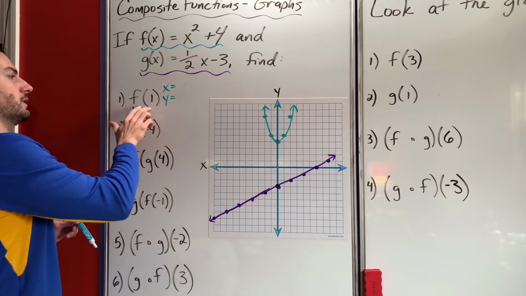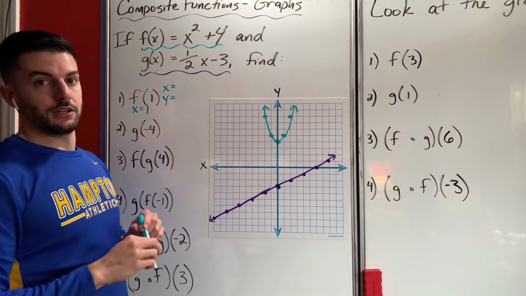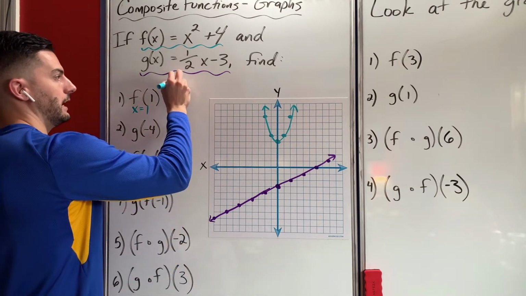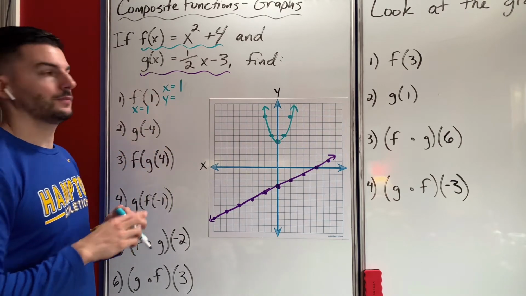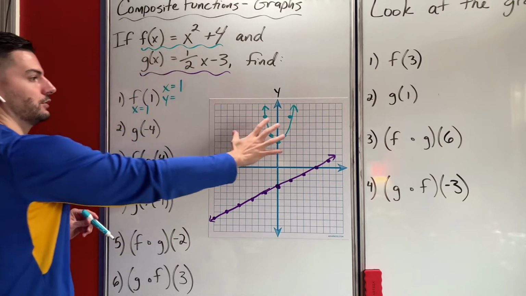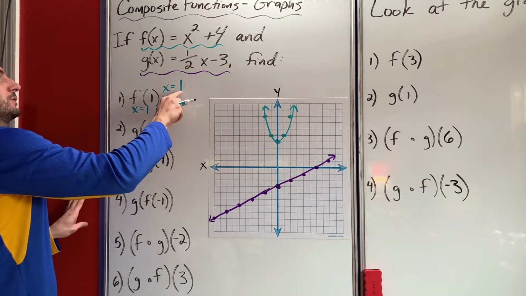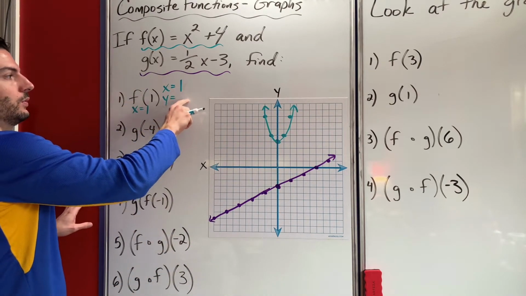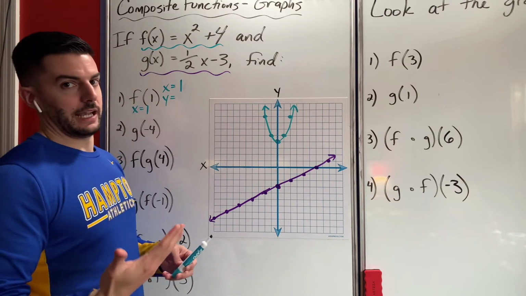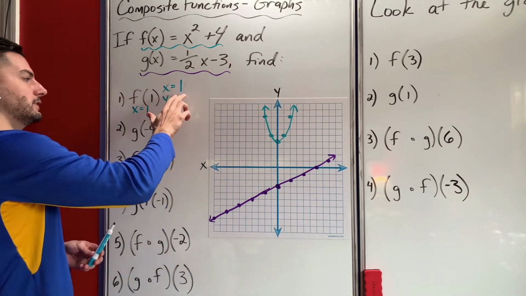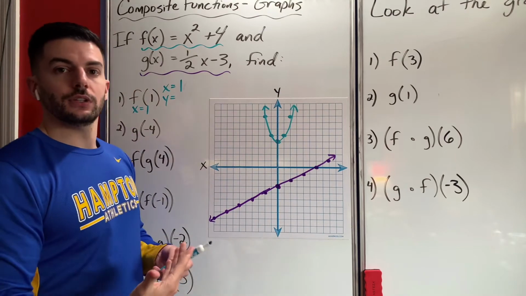So when it's asking me f of 1, what it's saying is, okay, I know x is 1, and it's referring to the f function, so we're just going to focus on this teal colored line up here. It's saying, when x is 1, what is the y value in that spot?